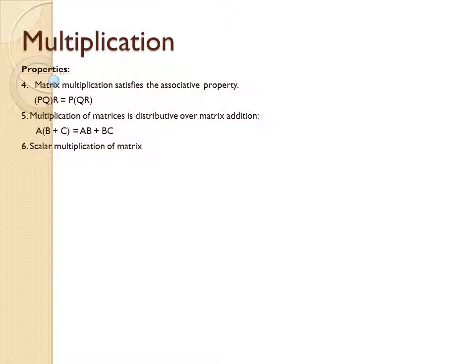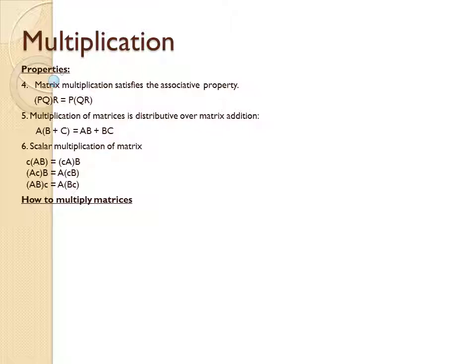It is wrong in the slide, there is a printing mistake over here. Scalar multiplication of matrix, if C is the scalar getting multiplied with AB, then CAB, AC into B, that is A of CB, or AB into C, that is A of BC. All these things are equal.